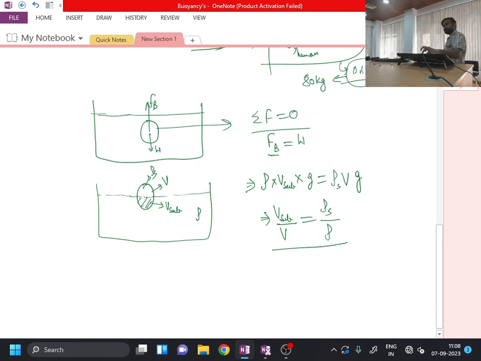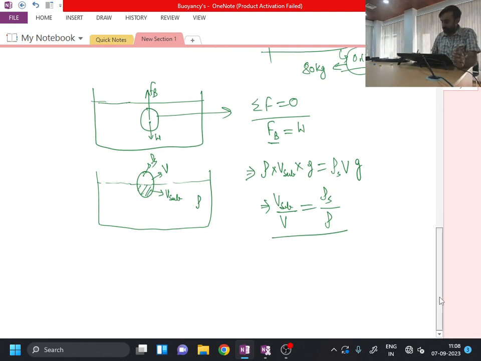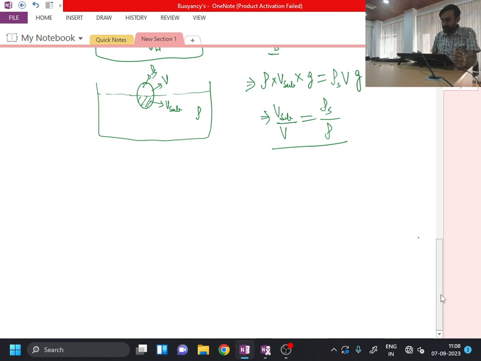Now, this ratio of submerged volume by total volume gives us three different combinations. The first combination is that if my rho s is less than rho, then of course V submerged will be less than V total.